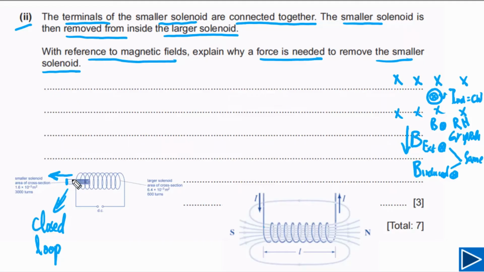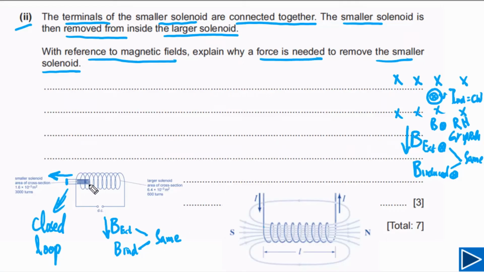And the induced current will produce its own magnetic field to oppose the change in magnetic flux. As magnetic flux is decreasing in this smaller solenoid, I will write down here the B external inside the smaller solenoid. As this one is decreasing, the B induced and B external will be in the same direction, and the same point we have already discussed here. So they will be in the same direction.